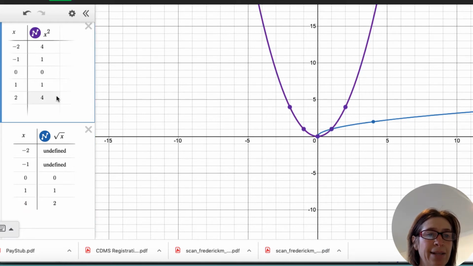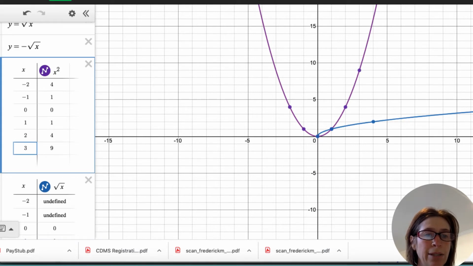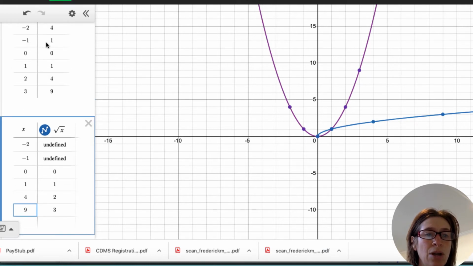Now, what if I add 3 here to the parabola? Let's see what happens when I add 9 here. So if you're looking just at 0, 1, 4, 9 in both of the tables, what I'm hoping you notice is that the x and the y's are flipped. And that's exactly what happens with inverse functions. The x's and the y's get, in essence, flipped.